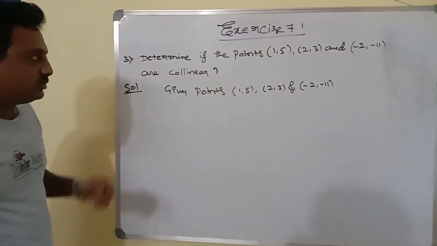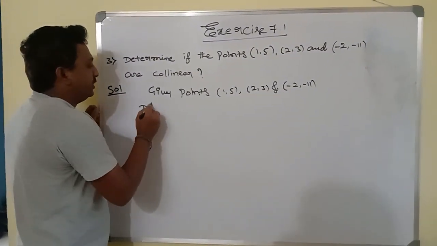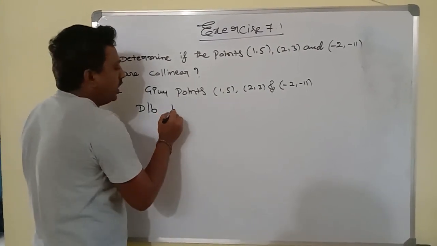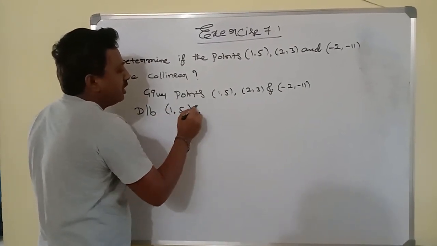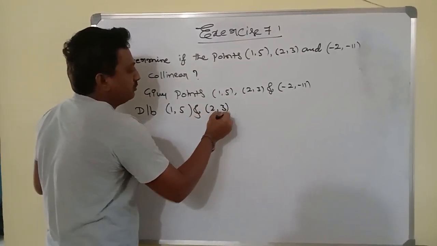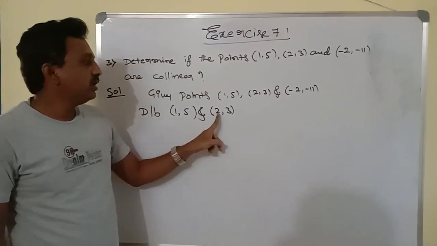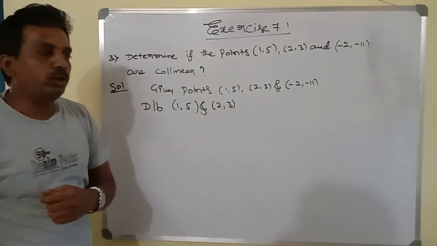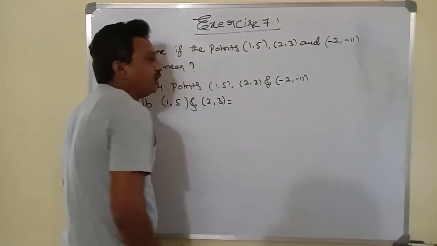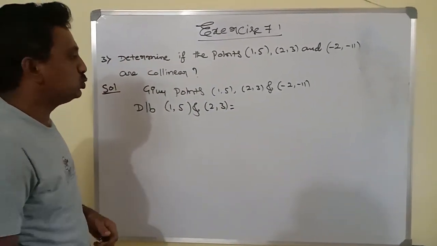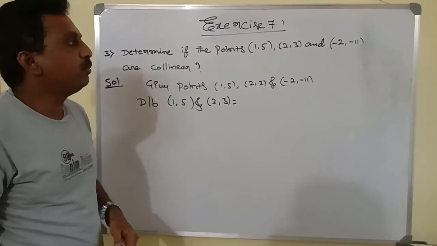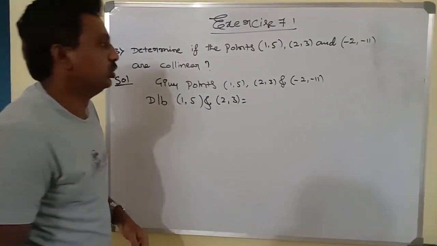First, take the distance between (1, 5) and (2, 3). Let us take these as x1, y1, x2, y2. Already you know the formula. The distance formula is square root of (x2 minus x1) whole square plus (y2 minus y1) whole square.